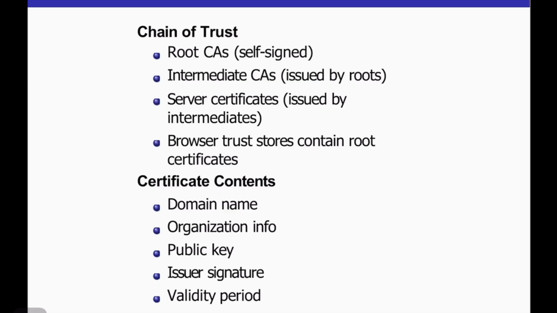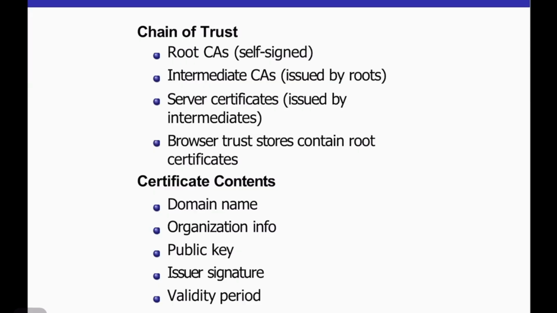So the server certificate is issued. The server also gets its certificate. The server will also communicate through the intermediates, so you get a digital signature issued by the intermediate. The intermediate will issue a digital signature to the server, and the intermediate's signature is issued by the root, and the root issued its own signature.